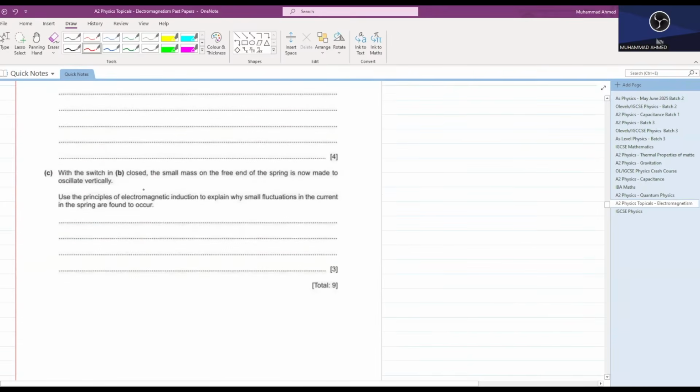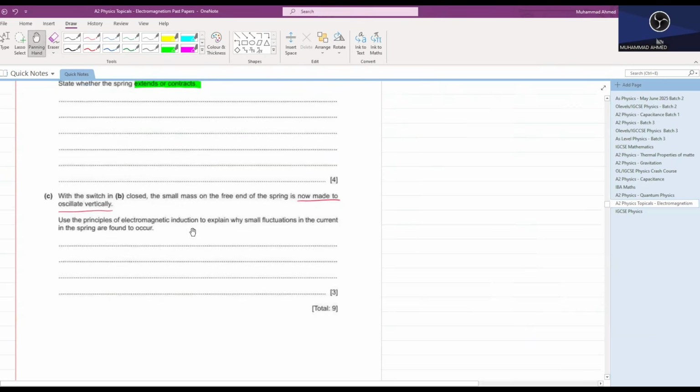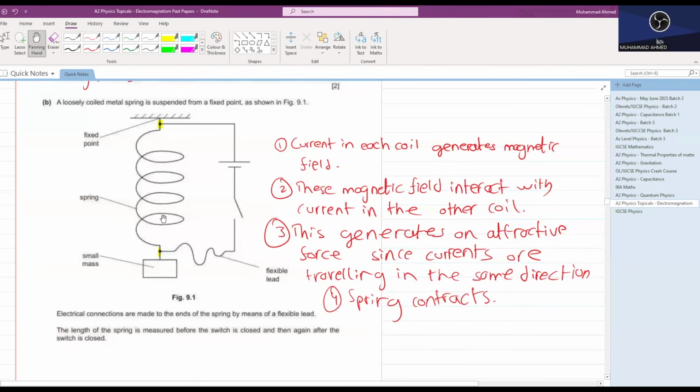Okay, with the switch in B closed, the small mass on the free end of the spring is now made to oscillate vertically. Use the principles of electromagnetic induction to explain why small fluctuations in the current in the spring are found to occur. So, as the mass is oscillating, what do you think will happen?